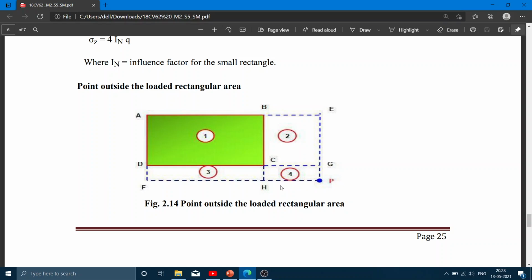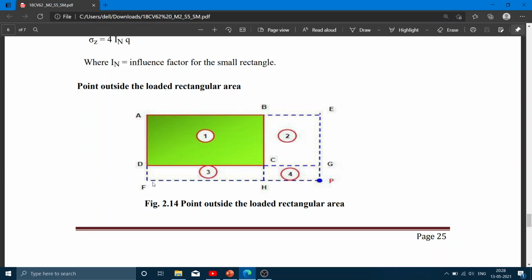The last rectangle CGPH is given a plus sign because this area has been deducted twice, once in rectangle BEPH and once in DGPF.